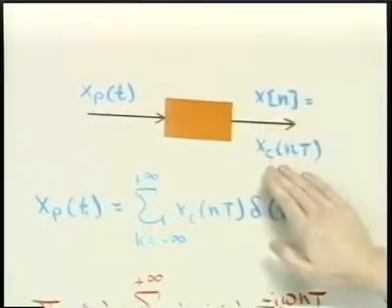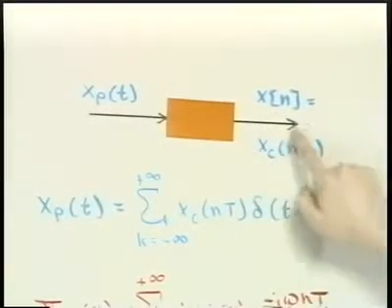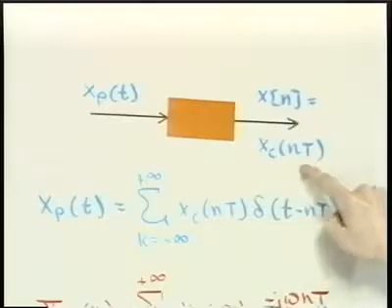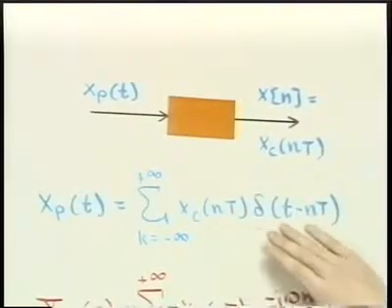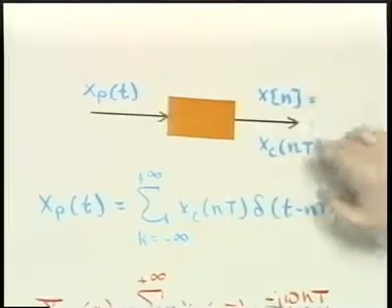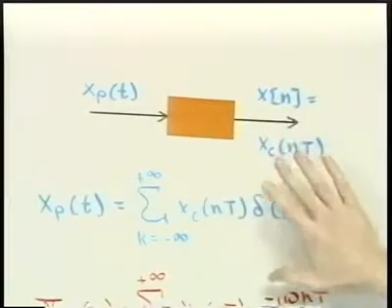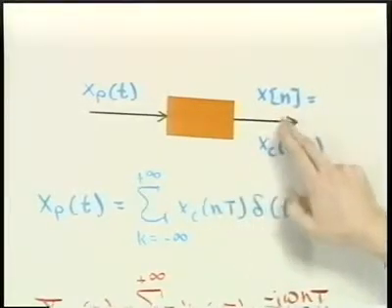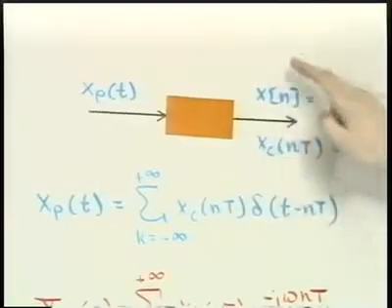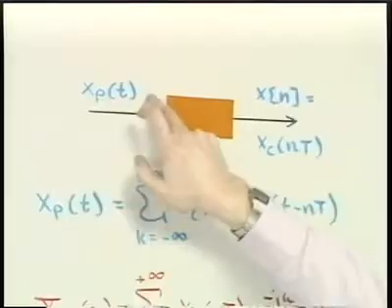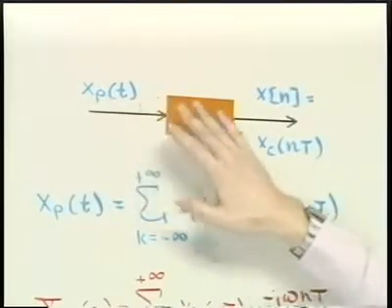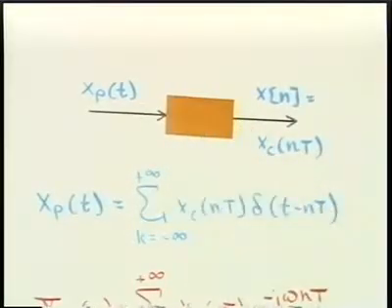And the sequence values are simply samples of the original continuous signal. And so now we can analyze this, and what we want to relate is the discrete time Fourier transform of this and the continuous time Fourier transform of this, or in fact the continuous time Fourier transform of x sub c of t.